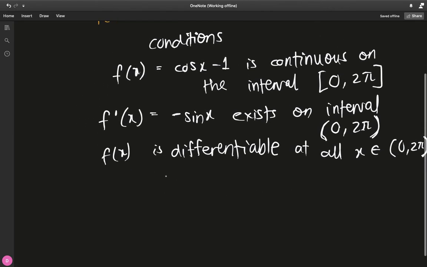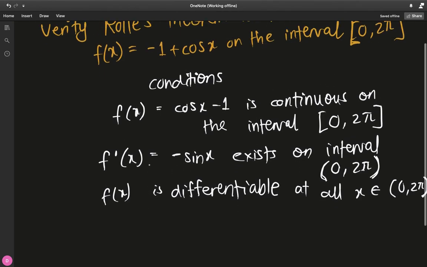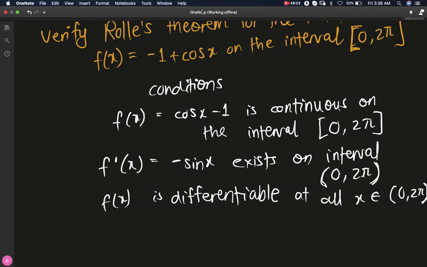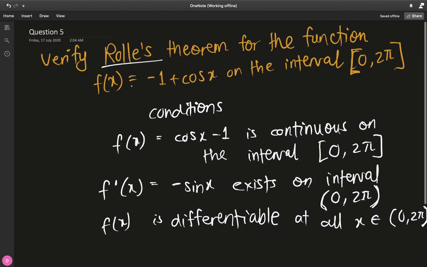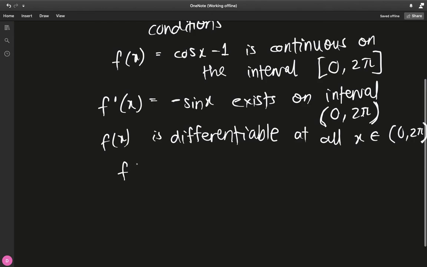And we don't need to check for the third condition, which we usually do for Lagrange's mean value theorem. But we need to check for one more condition, since this is Rolle's mean value theorem. So we need to check whether f of the one endpoint 0 is indeed equal to f of 2 pi, and it is some constant k.